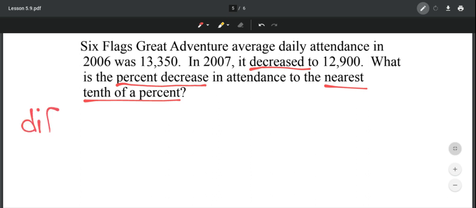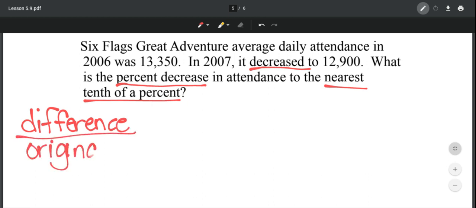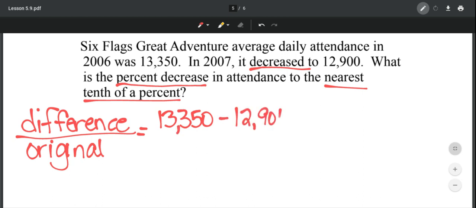Again, we would take the difference between both amounts and divide it by the original number. So to find the difference, I will be subtracting 13,350 by 12,900 and then dividing that by 13,350 because that is the original number.